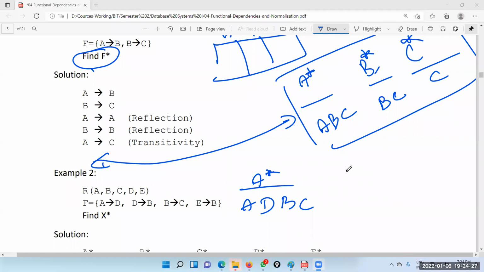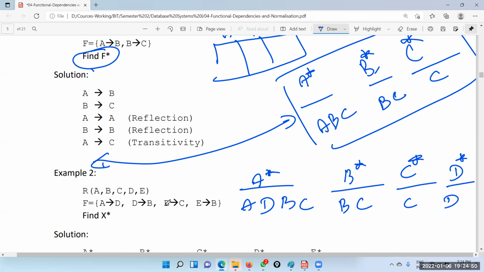Right, what about the B closure? B determines B, right? And B determines C, and that's it. So B closure is BC. What about the C closure? C determines C, and that's it, right? Nothing else. What about the D closure?